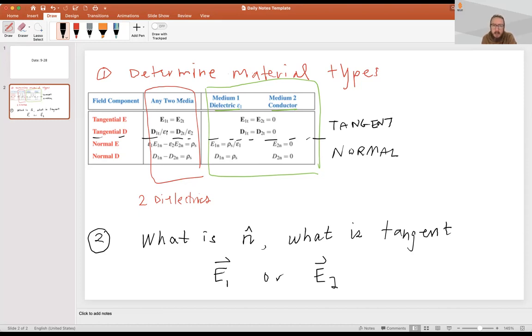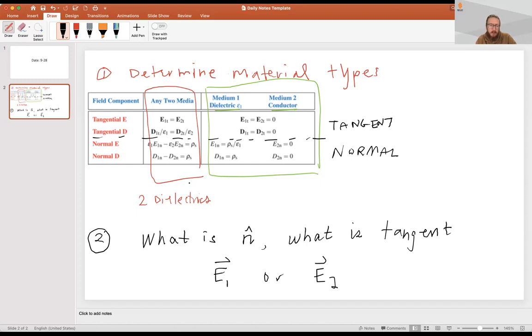Or if you had knowledge about both fields, you could use it to get knowledge about the material in the other media. So that's what these boundary condition problems are typically doing: you have some knowledge about one field or one material, you're curious about the other field or the other material, and you use the boundary conditions to determine them.